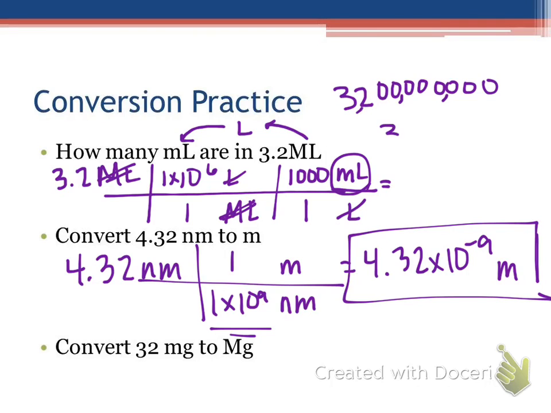Right? Or it might have also come out in your calculator 3.2 times 10 to the 9th. Okay, or 3.2 E9. Okay, did anyone get that? Or no? Yes? Okay. If that's what you had for your answer, I want you to raise your hand.